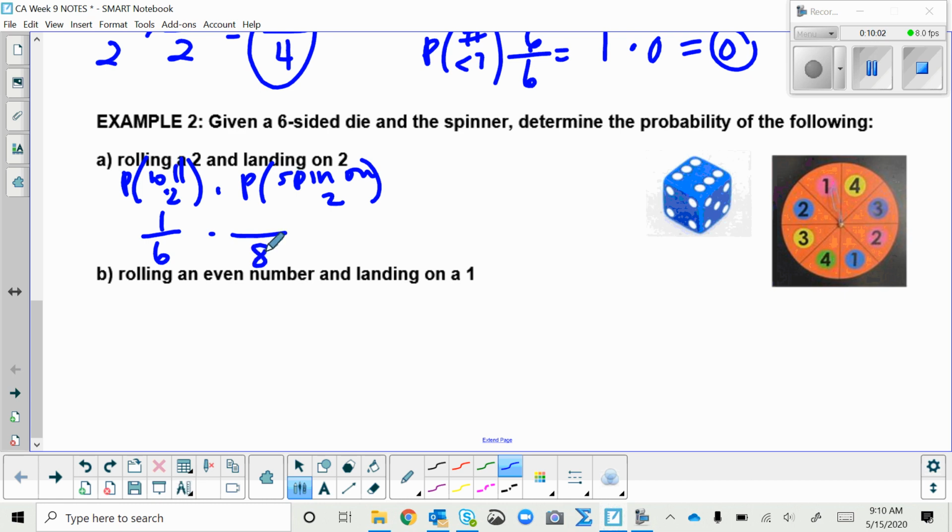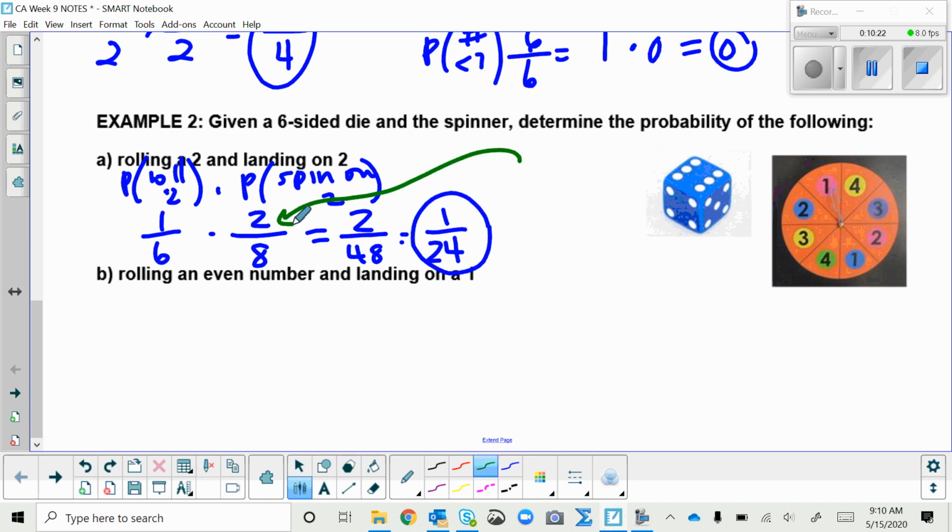And how many of those are 2's? 2 of them, right? And so if you multiply across the top and bottom, you have 2 over 48, which simplifies to 1 over 24. Okay. And if you had simplified that to 1/4 before multiplying across the top and bottom, you'd have the same answer.